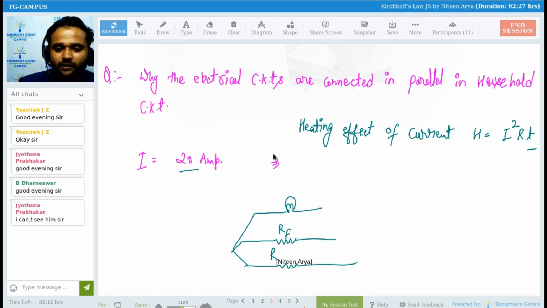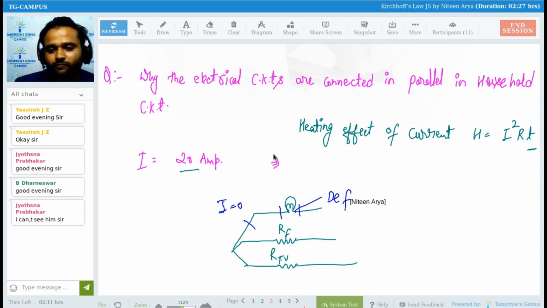If any particular wire is going to burn, or that bulb is defective, I is going to be 0.